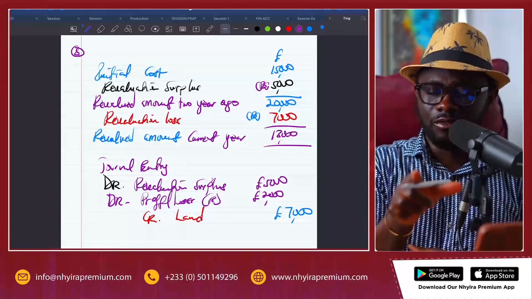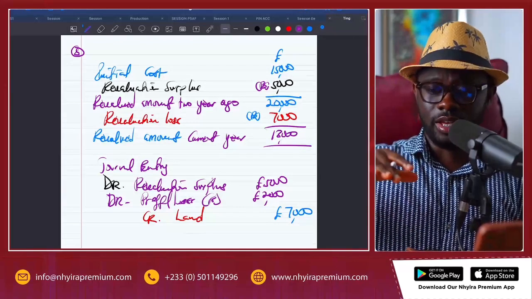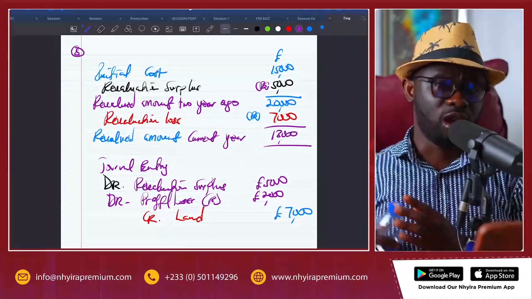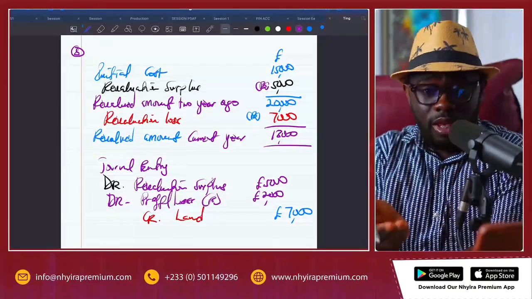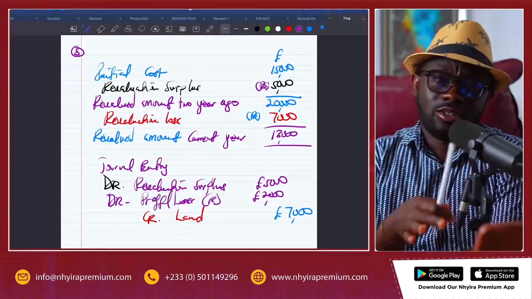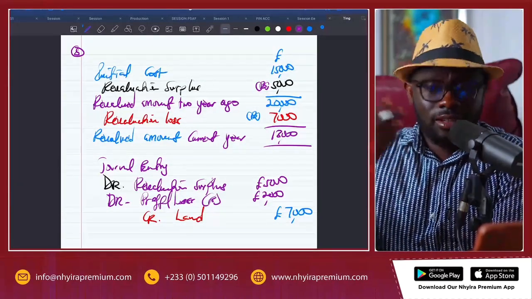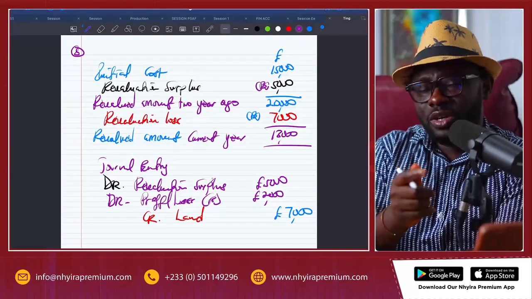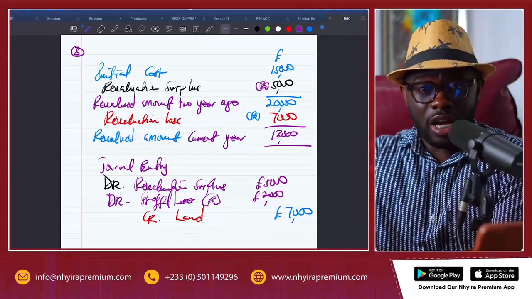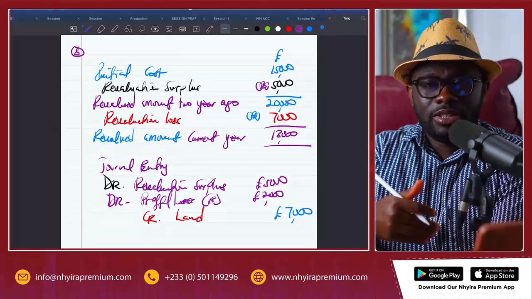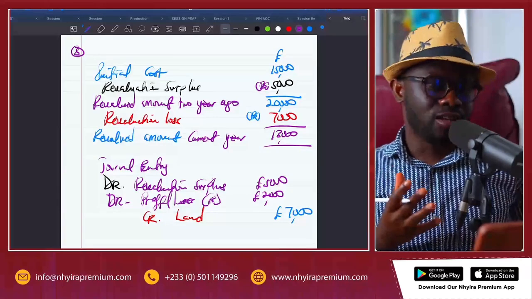Now, there is another level of treatment that we need to understand where there is an annual transfer, and I'm going to be illustrating that in a moment. That annual transfer could change the way the values will be. This is land. It's not a depreciable asset, so we won't do a transfer in respect of it. But if it is a building or other forms of assets, then it's a depreciable asset, because one key principle you need to understand is that depreciation is calculated on revalued amounts. Normally more depreciation is going to be charged on the asset after it is revalued than before.